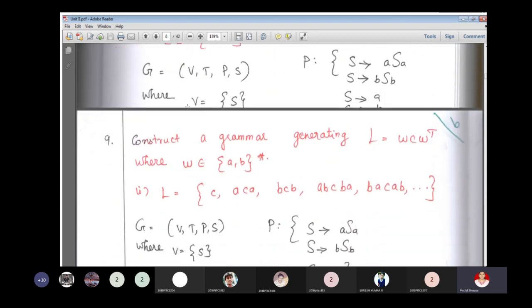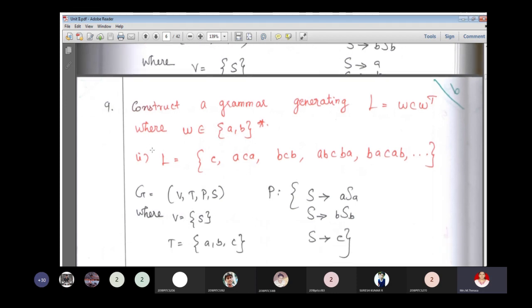Next, construct a grammar generating L equal to w c w transpose, the transpose of this w, which is nothing but the reverse of w, where w is in (a+b)*. What is the meaning of (a+b)*? Any string of a's and b's. First you have to identify the set of strings. Whenever w becomes epsilon, w transpose is also epsilon, so you will get the resultant with only c.